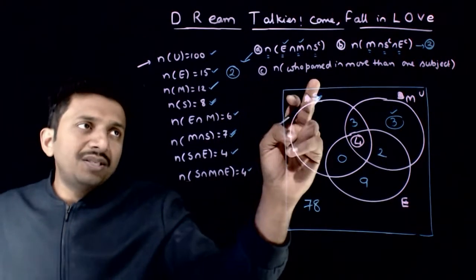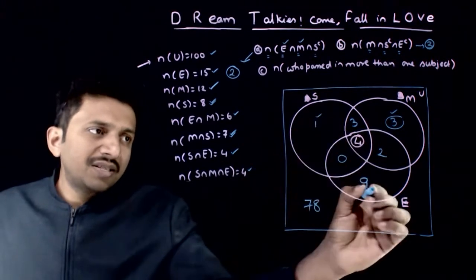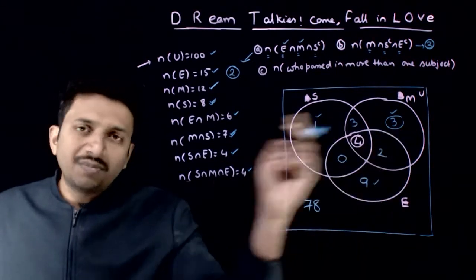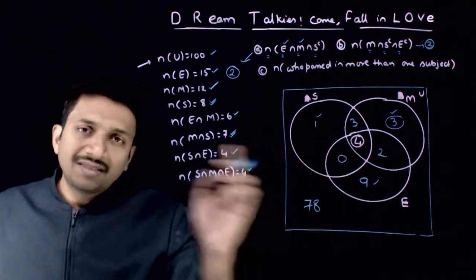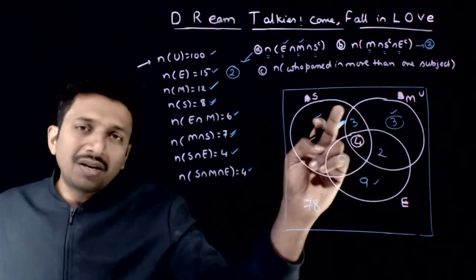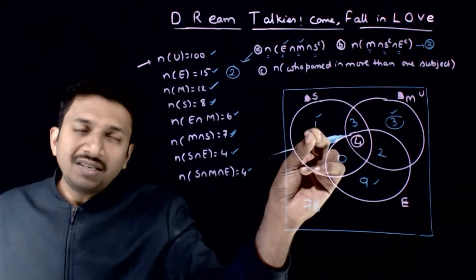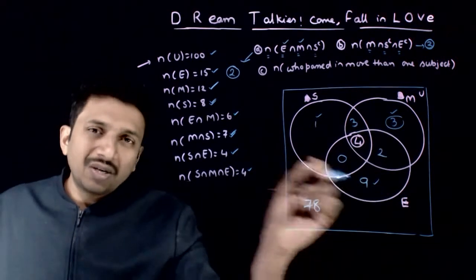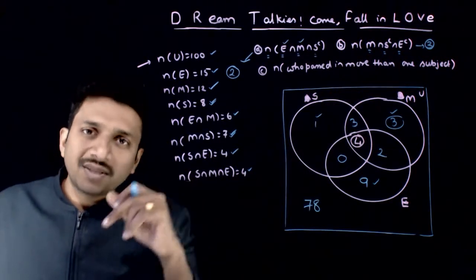So the number of students who passed in more than one subject. These students have passed in exactly one subject. This guy has passed only in science but not in maths and English. These guys have passed only in maths but not in science and English. So these three areas represent the number of students who passed in only one subject. I want the number of students who passed in more than one subject.